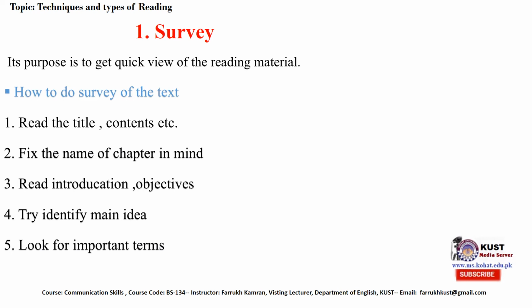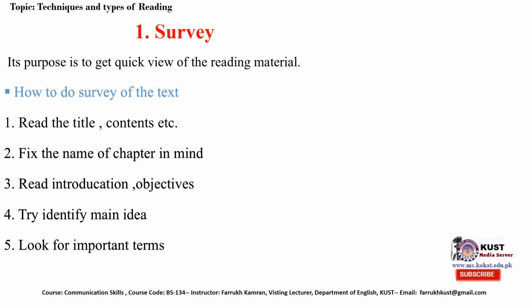You should do this in this manner. First, read the title, contents, headings and subheadings of the material. Second, fix the name of the chapter in your mind. Third, read the introduction and objectives of a chapter of the book. Fourth, pay attention to the headings and subheadings. Fifth, try to identify the main idea of the reading material.